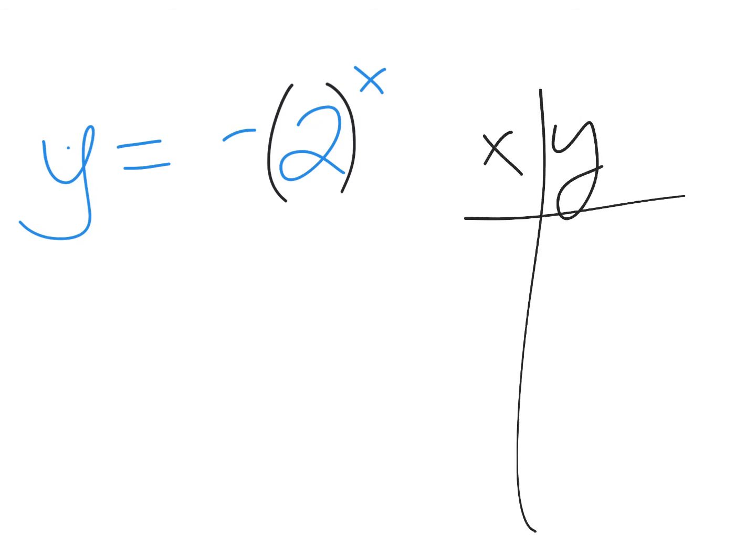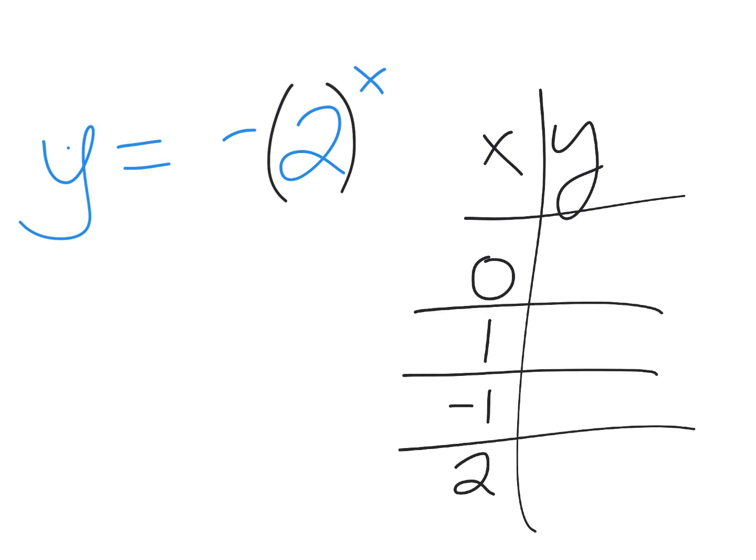And I'd like you to put in 0, 1, -1, and +2. If you can graph those 4 points, it won't matter if you screw up whether the negative was on the outside or on the inside. Everybody can graph points, everybody can connect dots, so you'll be able to get the graphing problems right.